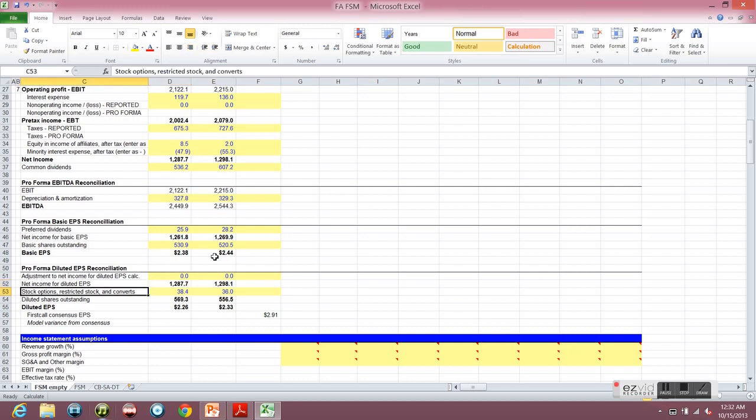Right here, the next line, stock options, restricted stock, and converts. Okay, what does that mean? Well, now we're taking into consideration, okay, what if we had all the options that we have with our stock options, our restricted stock, and converts, which also include convertible preference stock. What implication do we have? Well, in order to find out what implication we have, we have to find out how many stocks are going to be purchased or sold back to the community and whatnot.